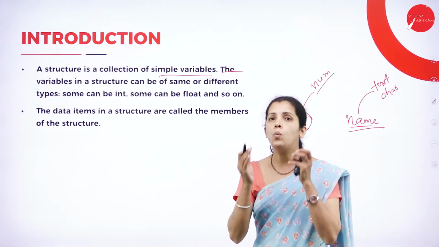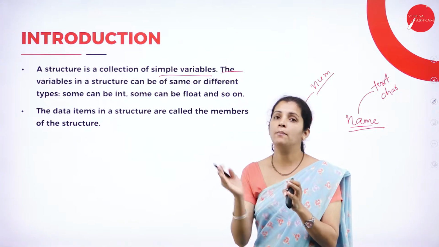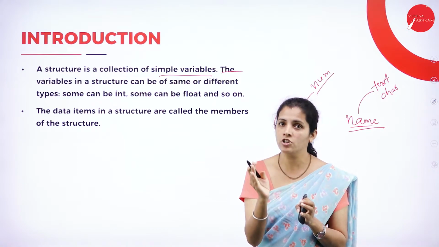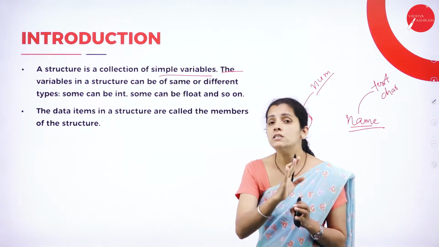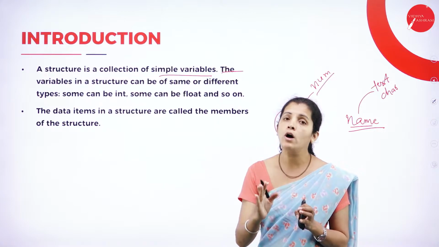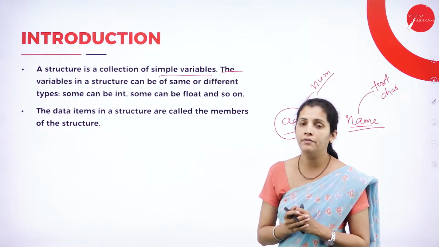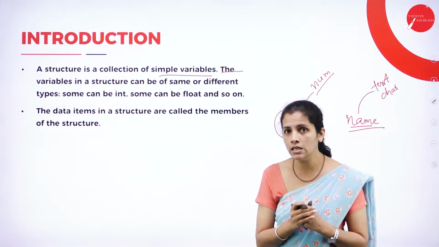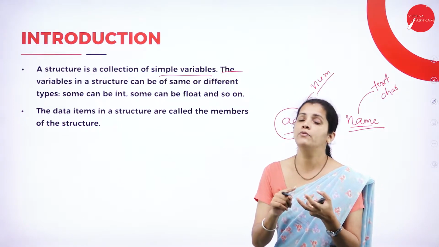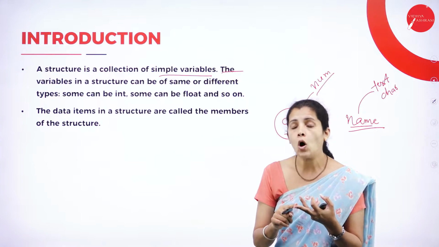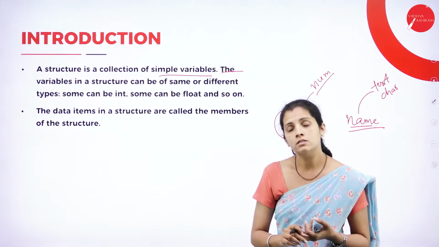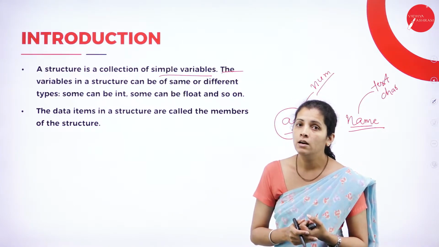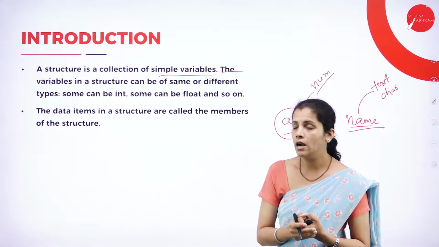That means whatever variables I use in my structure, they may be of the same type or of different types. For example, I can use integer data type, floating point data type, or character, string, double, long int, etc.